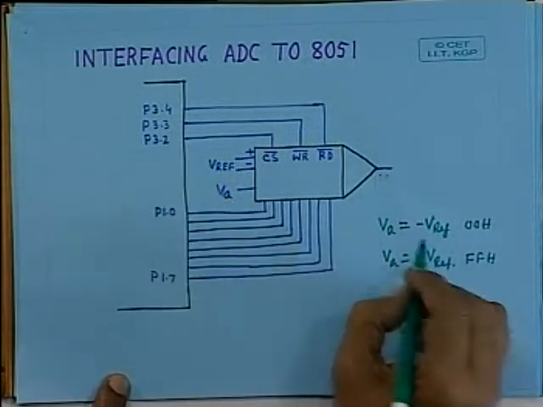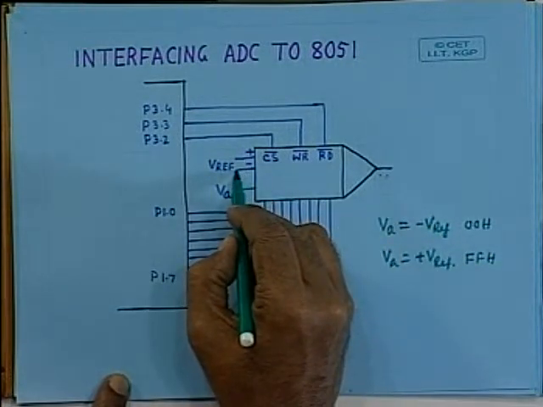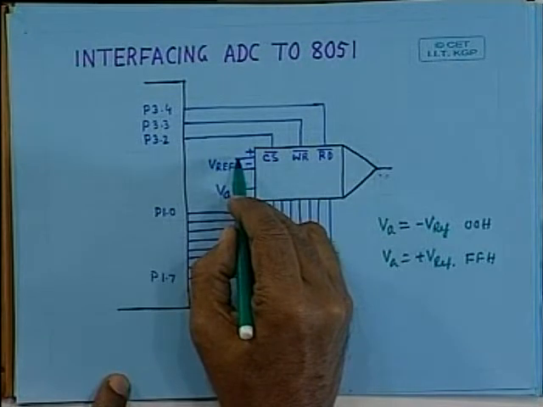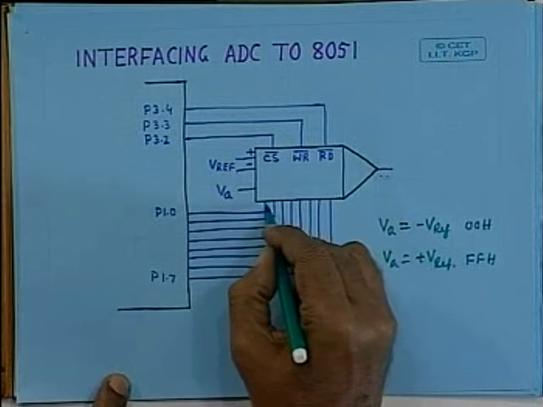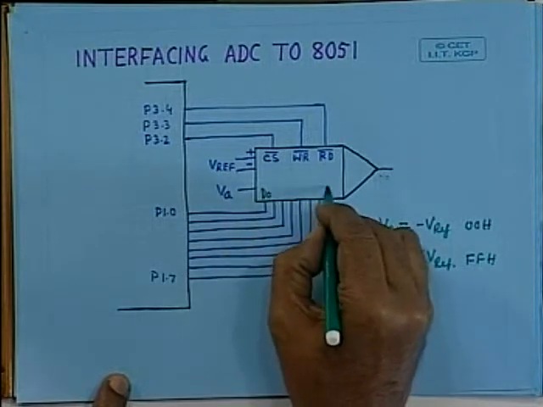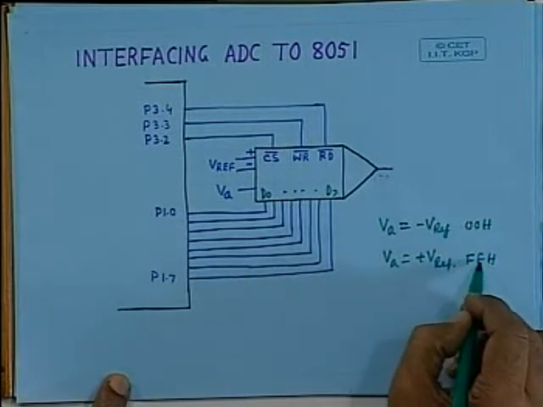That means this minus Vref can be 0 volt, you can ground it, and plus Vref can be 5 volt. So as the input changes from 0 volt to 5 volt, you will get digital data D0 to D7, which will change from all 0 to all F.